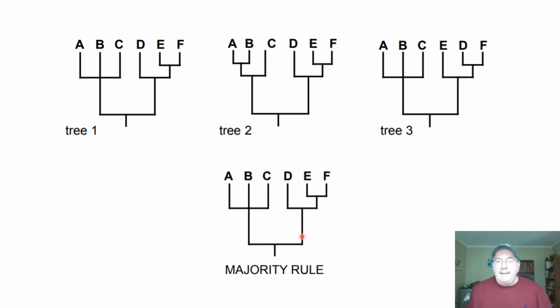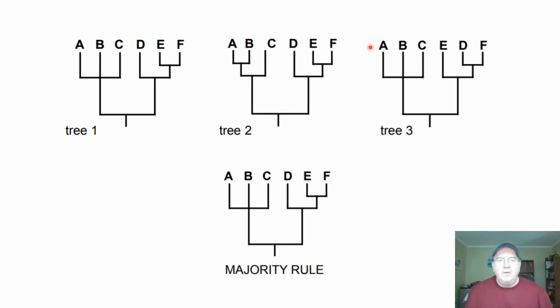So a strict consensus tree is kind of like a subset of a majority rule consensus tree. On the ABC side, we have an unresolved trichotomy here, an unresolved trichotomy here. Here we have resolved the trichotomy, but nobody else is saying A and B.